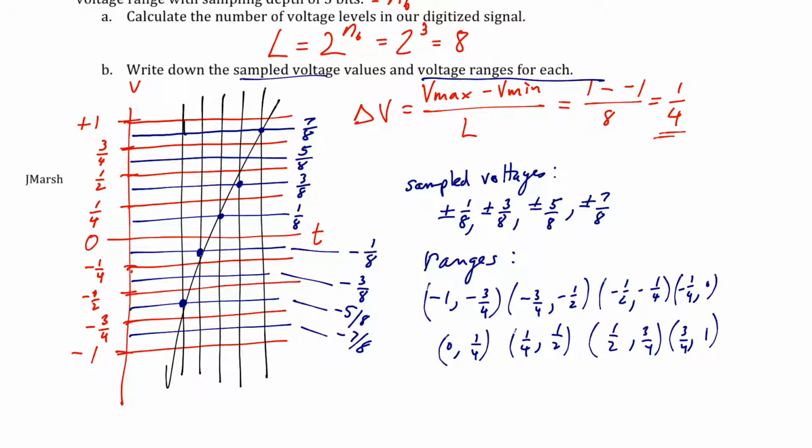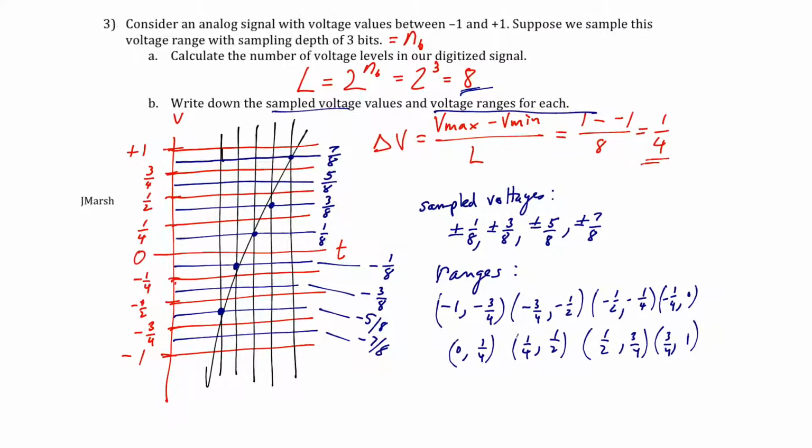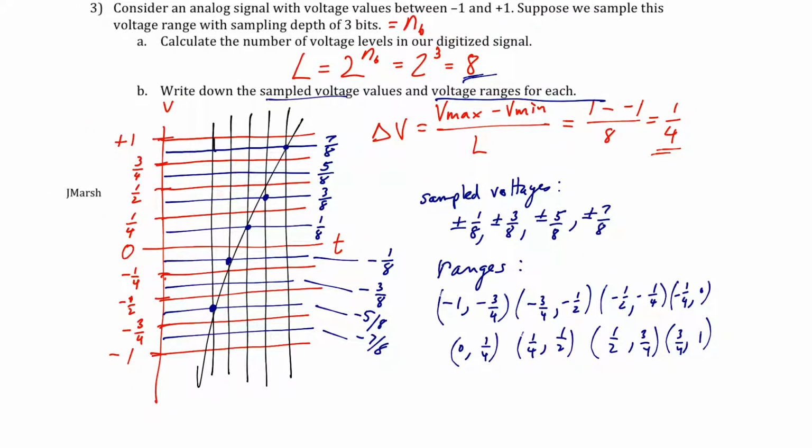Okay, and you can see there are 8 voltage ranges, which is consistent with the fact that we have 3 bits of sampling depth. Okay, hope this helps.